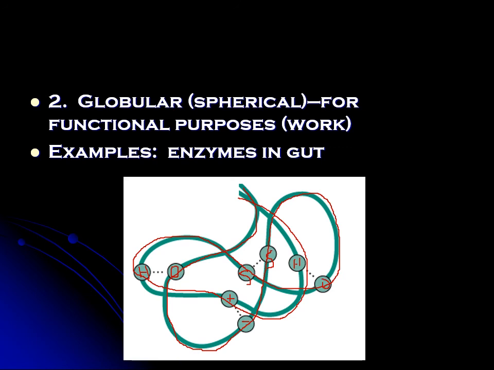And what it's doing is it's causing this linear protein to fold up in this particular shape. And it has this opening right here that a particular molecule can then fit inside, which is called the active site. So your proteins are either going to be structural or they'll be functional. In this case, this is a functional protein.